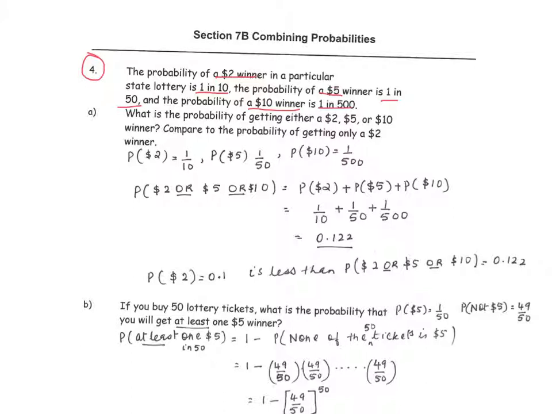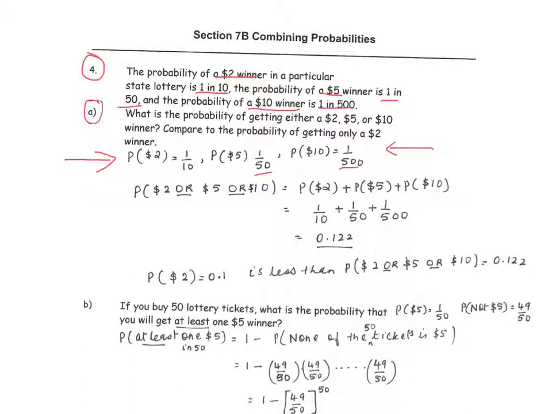So write down these probabilities in mathematical notation first. P of $2 is 1/10, P of $5, 1/50th, P of $10, 1 over 500. So now we have a list of all the probabilities that we can use as soon as we know which formula to apply for the probability of the event that we need to figure out.